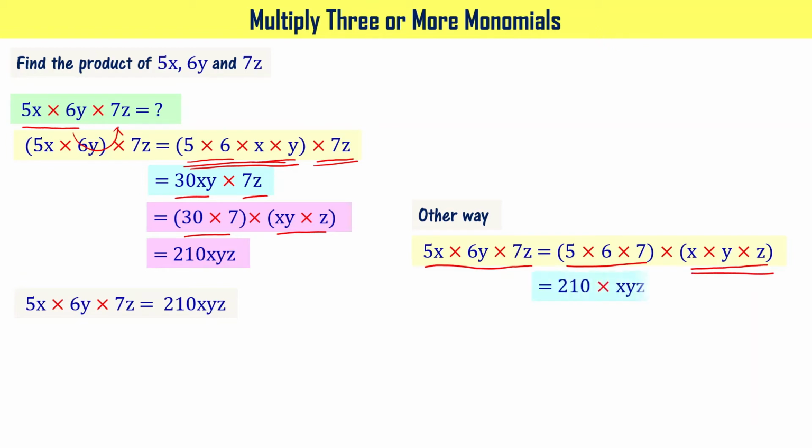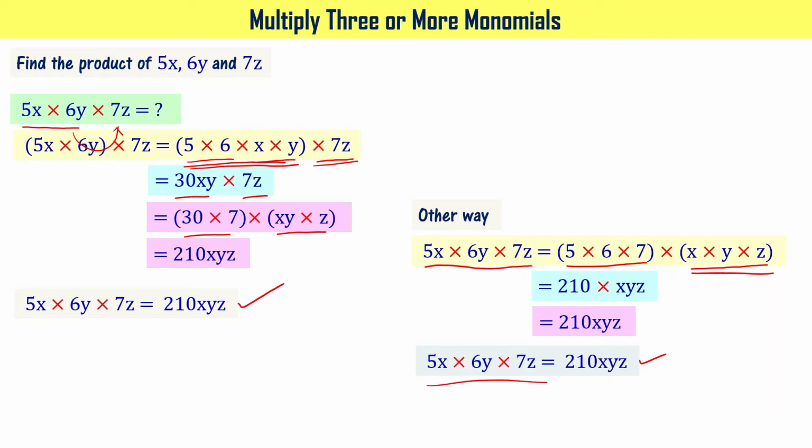Let me write that. 210 times xyz. That can be written as 210 xyz, right? This is what we are asked to find. In both the approaches, you got the same answer, right? So irrespective of which approach you take, it's going to be the same. It's always better to go with this, in one shot you can do, so that you will have less number of steps in the problem.